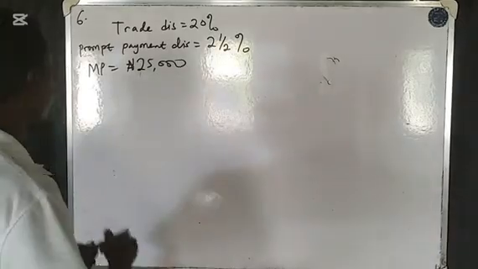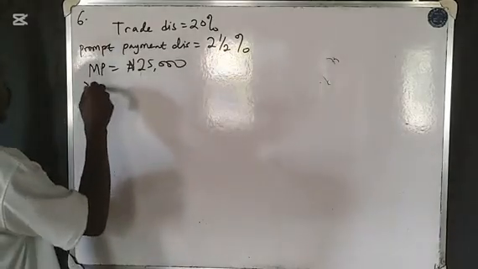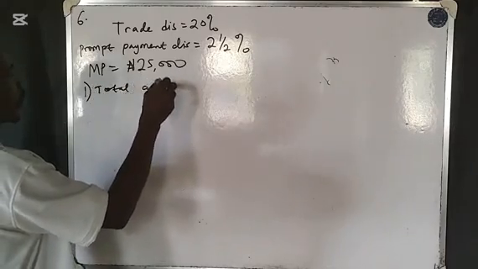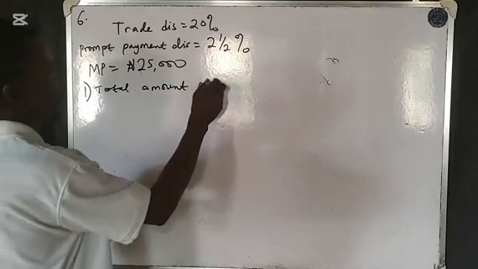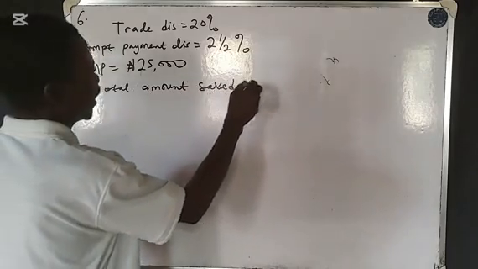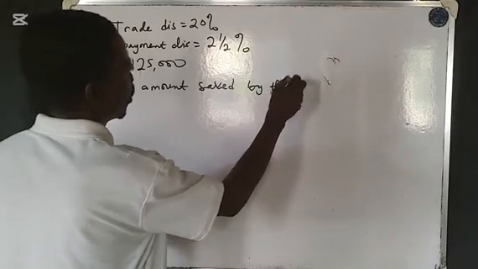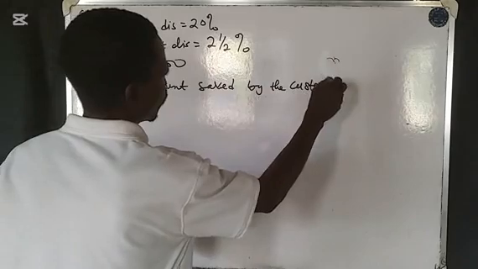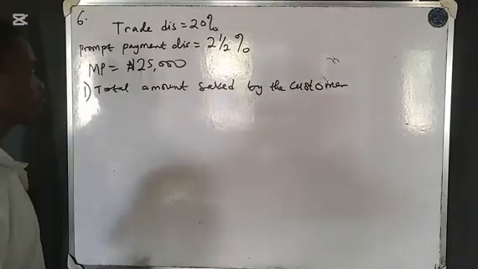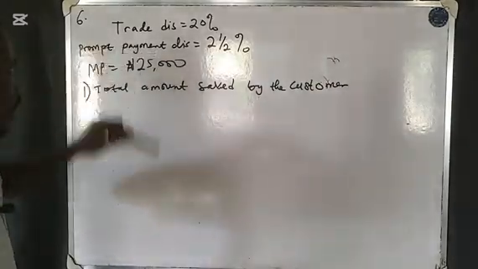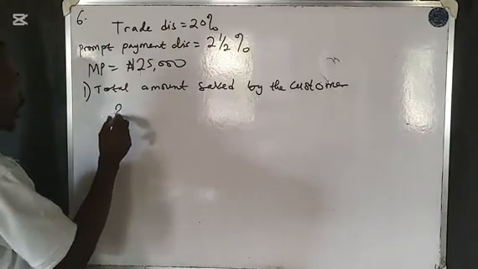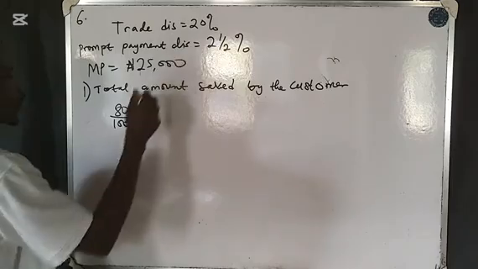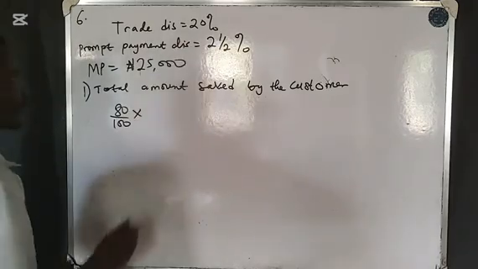Is that okay? So question 1, the total amount saved by the customer is what we want to find. We are reducing this amount 2 times. The first reduction is 80 over 100.